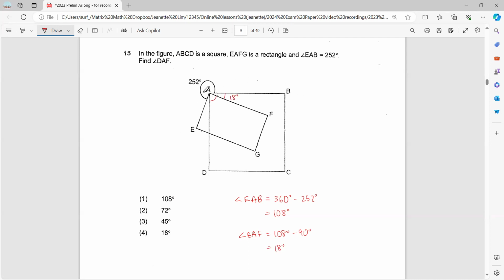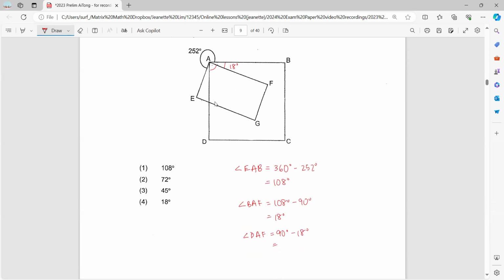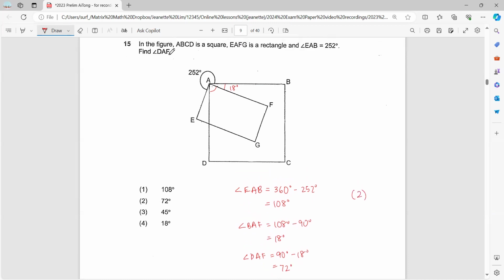Now look at BAD. BAD is actually a right angle also because it's a corner of a square. Then you take 90 degrees minus 18 and you'll get DAF. 72 degrees is the answer. Option 2. Okay, so angle DAF is 72 degrees.